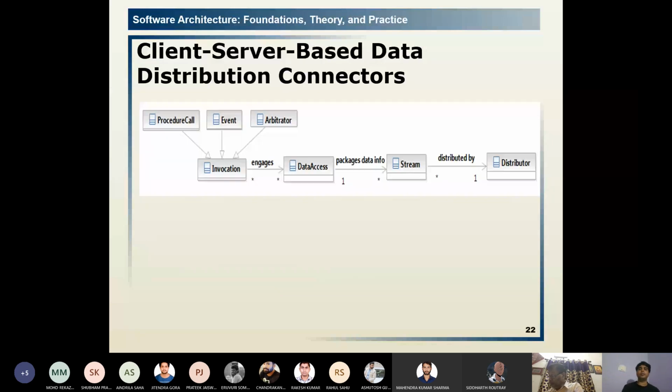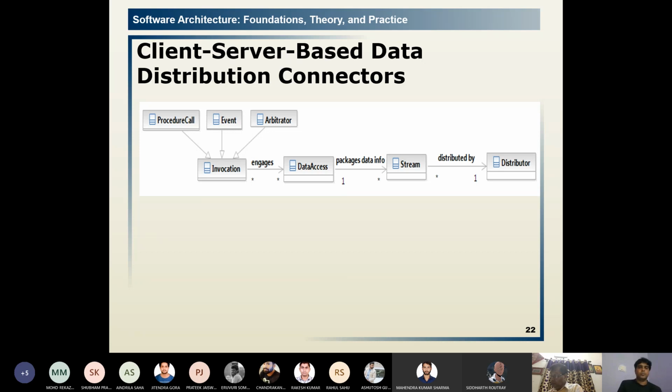Now, the client server based data distribution connectors. I already told about the structure type, whether it is structured or attribute based. If it is structured, whether it is hierarchical or line based. Here you can check.